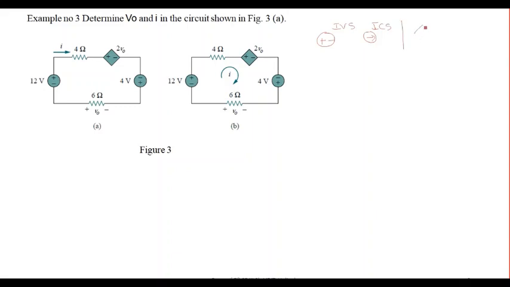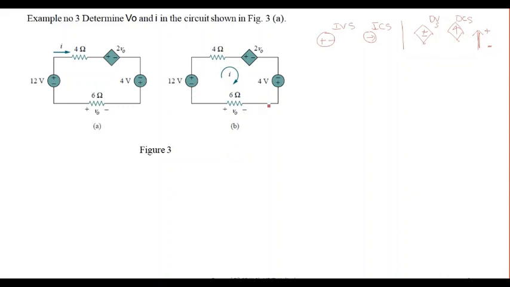Whereas a diamond shape with plus and minus is a dependent voltage source, and this is a dependent current source. Please note that the arrowhead indicates positive polarity and the tail indicates the negative polarity.